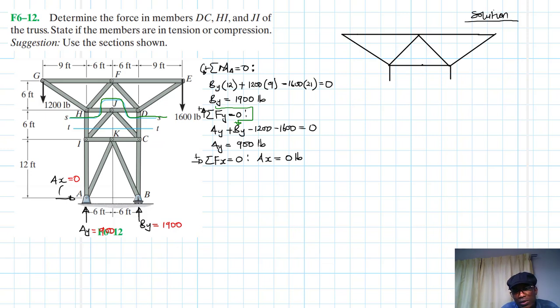This one is a joint here. And then let's do the cutting, just making dotted like so, to just show that we have done a section. All right, so this one is G, and we have a force there which is a 1200.